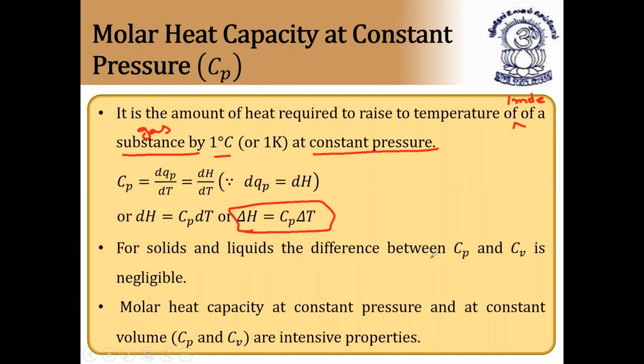For solids and liquids, the difference between Cp and Cv is negligible. Very, very important point. What is Cp? Molar heat capacity at constant pressure. What is Cv? Molar heat capacity at constant volume. So molar heat capacity at constant pressure and at constant volume are intensive properties, because they represent only 1 mole of substance.